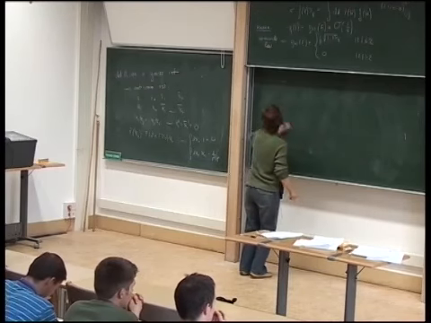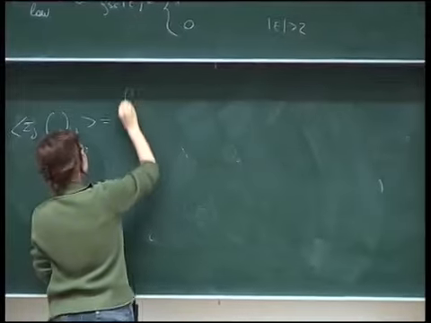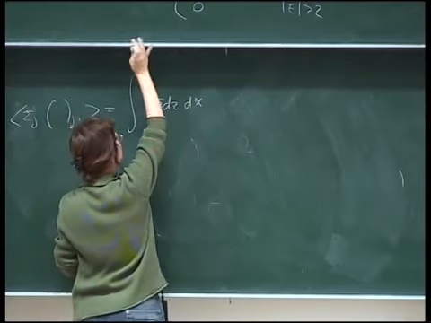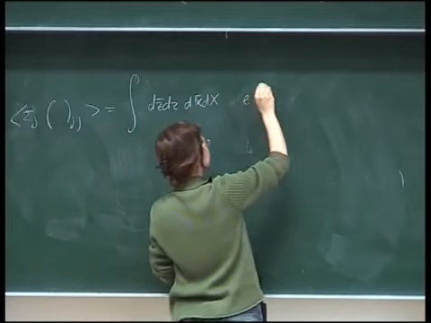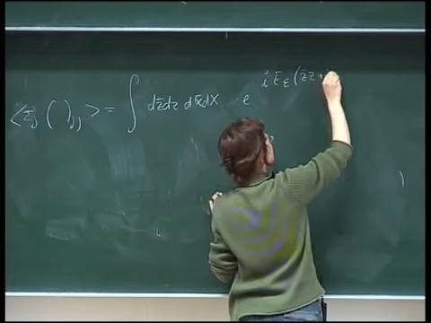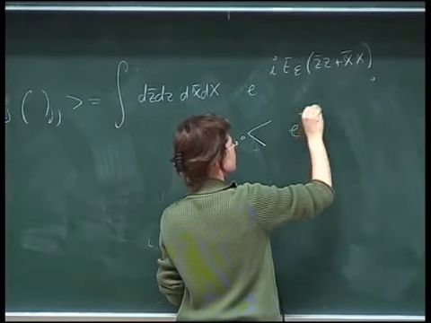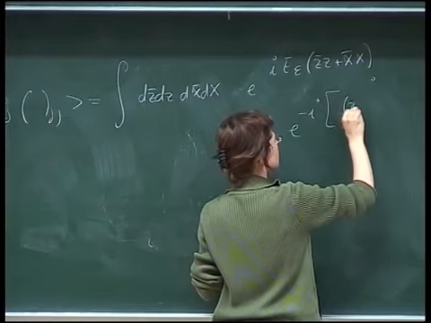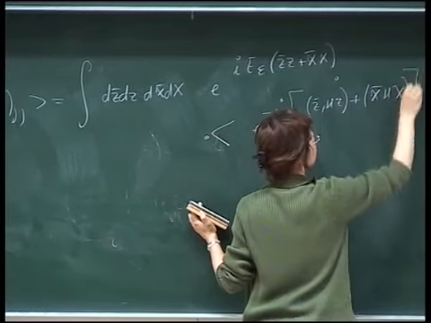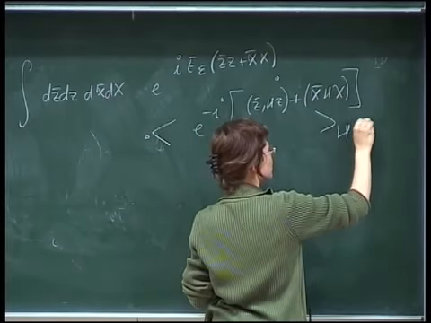So we end up with an average over h, and we were still missing the observable.